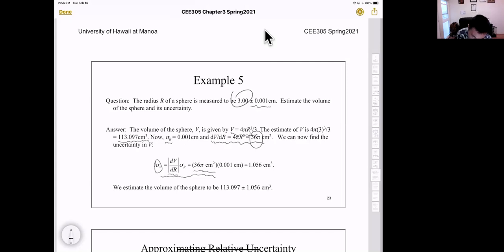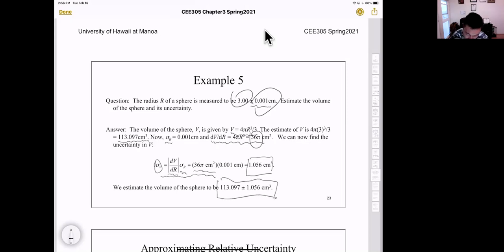Sigma R is given, which is 0.001 centimeter. So sigma V, the uncertainty of the volume, becomes 1.056. So we describe the volume of the sphere to be this.